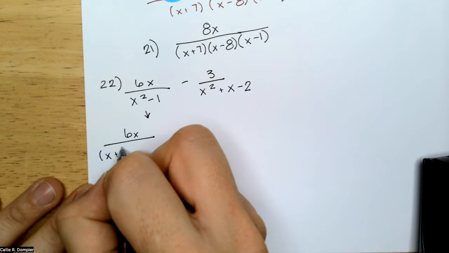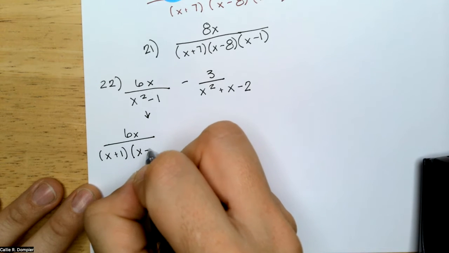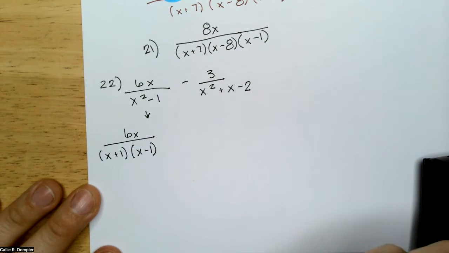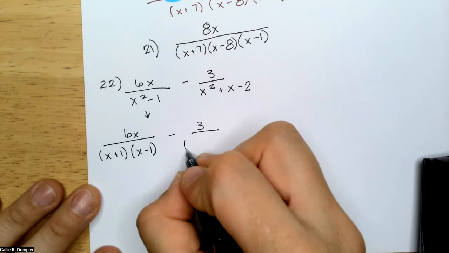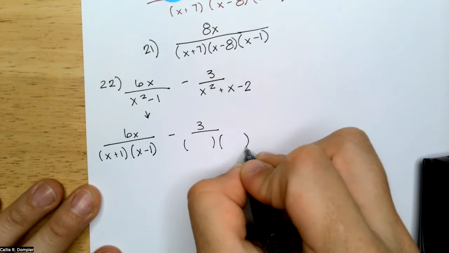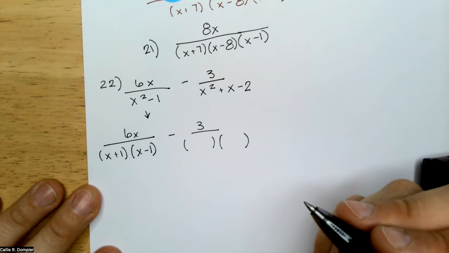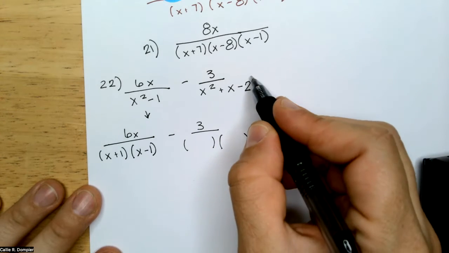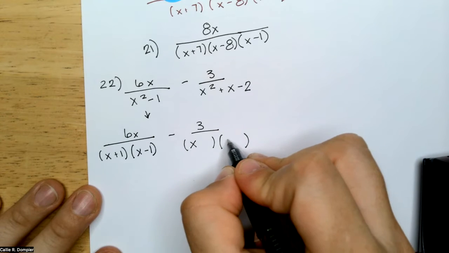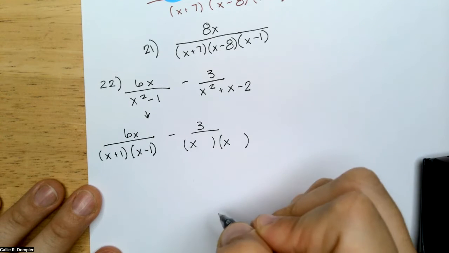x plus 1 times x minus 1, because that's the difference of two squares rule, minus 3 over, I'm going to try to turn this into two binomials just like we did with number 21. So x squared plus x minus 2, it needs to multiply to a negative 2, and it needs to add to a positive 1.